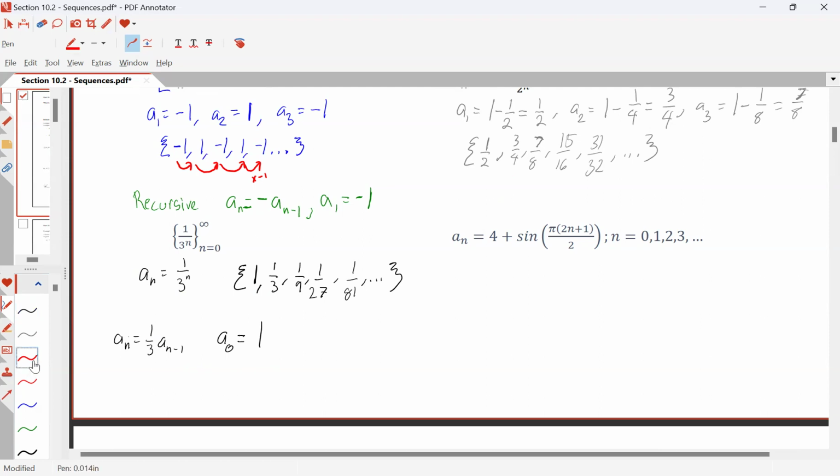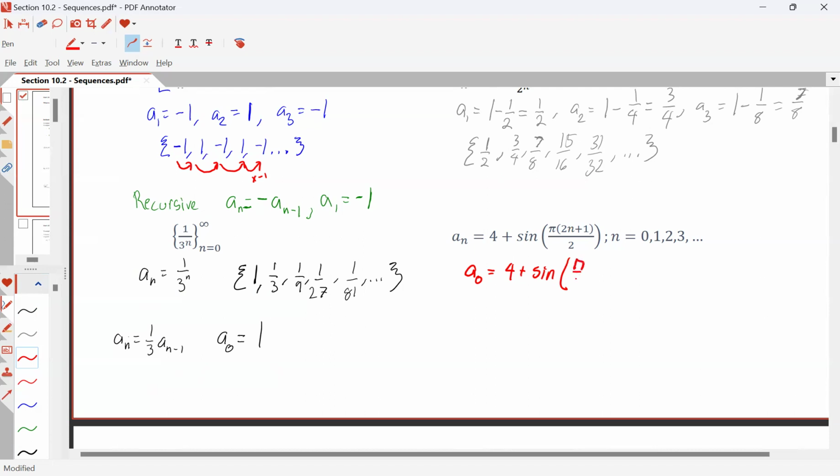And now for the last example of this video, what if we're looking at this 4 plus sine of pi times (2n plus 1)/2? When n equals 0, we'd have 4 plus sine of 2 times 0 is 0, plus 1, 1.